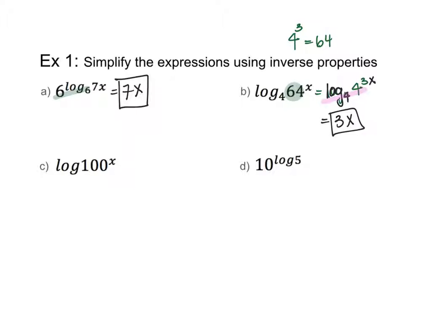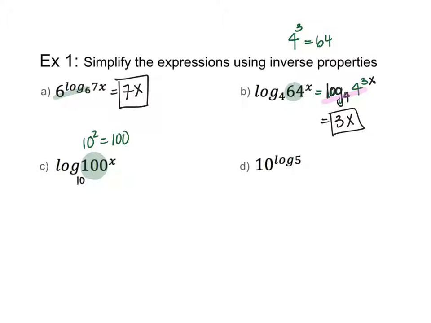Okay, let's look at this problem here. So part C, notice that this log doesn't have a base here. So by default, the base is 10, if you remember that from our last video. But here we also have the exponential, which is 100, right? So these are not the same bases, but I think I can make 100. Let me do that in green. So I think I can turn 100 into a base to a power, right? So I can write 10 to the 2nd power will be 100, right? 10 times 10 is 100.